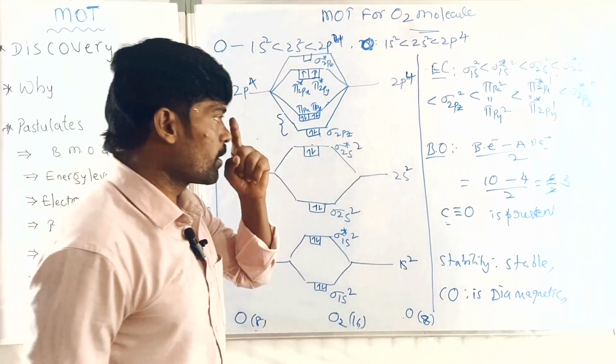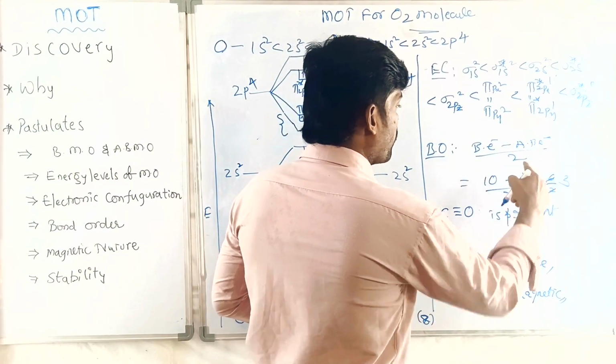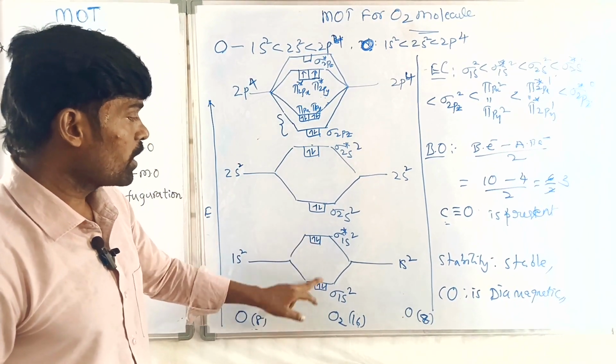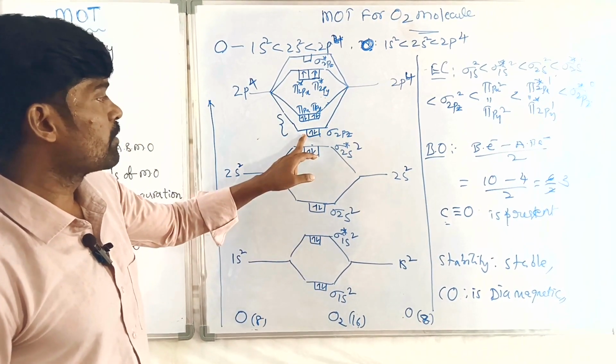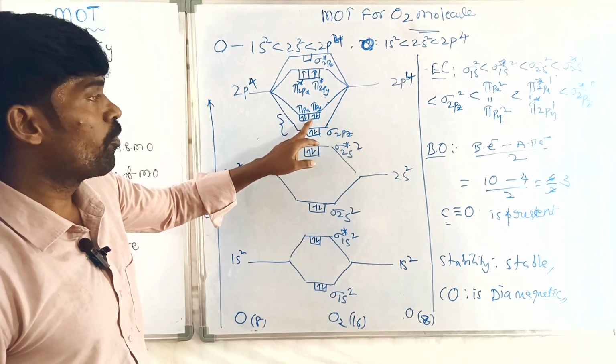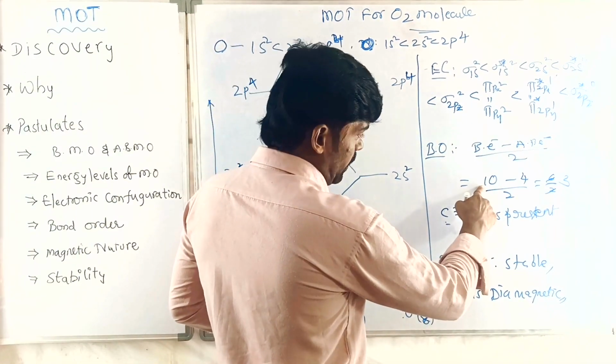Now coming to the bond order. Bond order is bonding electrons minus antibonding electrons, divided by 2. How many bonding electrons? Sigma 1s, sigma 2s, sigma 2pz are bonding, 3, and pi px, pi py are also bonding orbitals. So a total of 5 bonding orbitals, total number of electrons is 10.